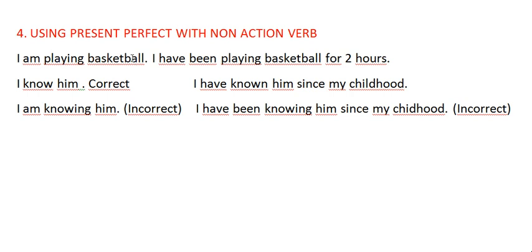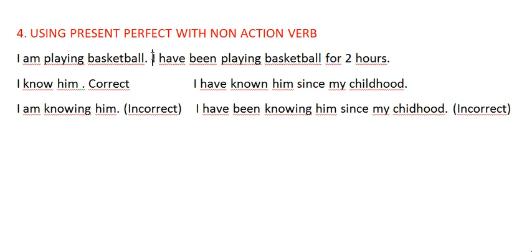How long have I been playing basketball? I have been playing basketball for 2 hours. If you mention how long we are doing something, 2 hours or 1 week, doesn't matter, at that time we're using present perfect continuous tense.